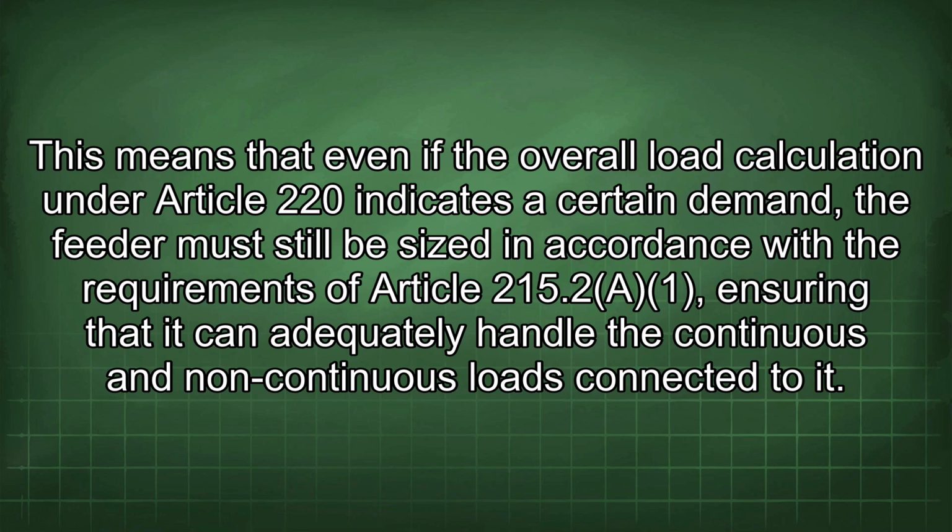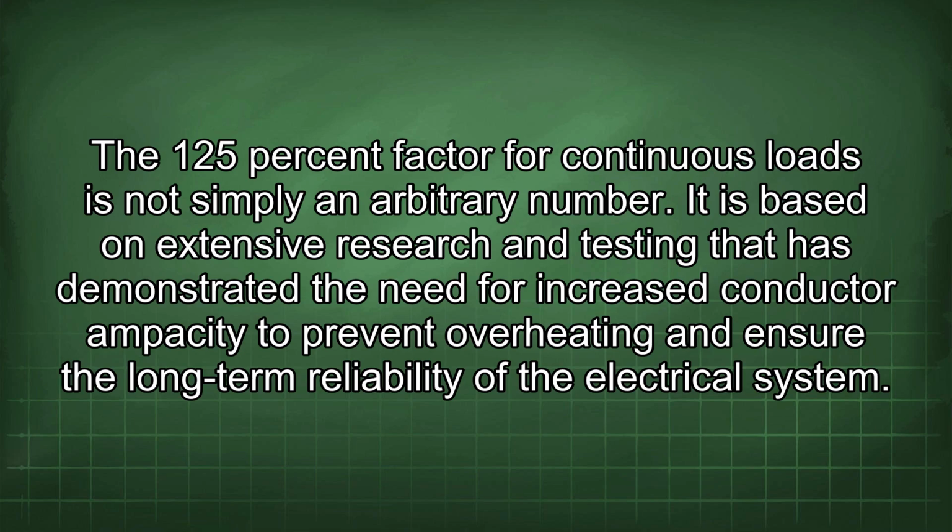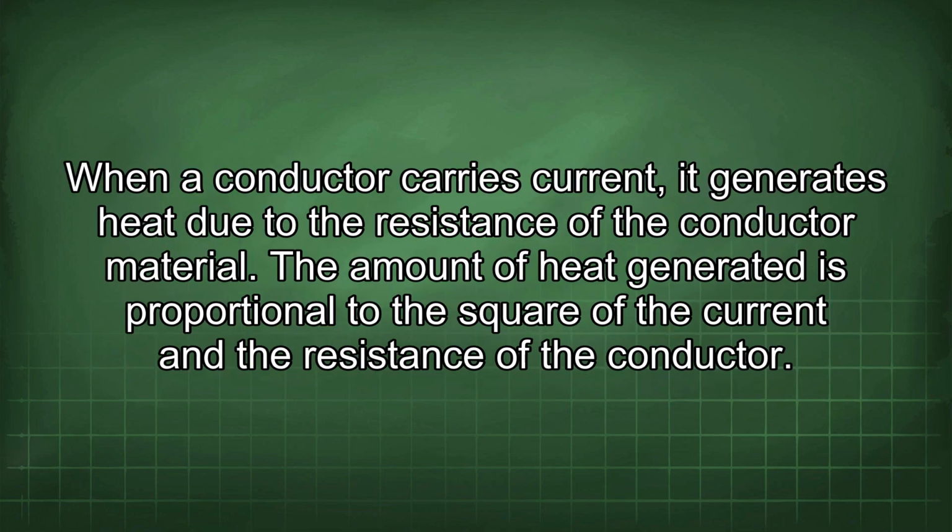loads connected to it. The 125% factor for continuous loads is not simply an arbitrary number. It is based on extensive research and testing that has demonstrated the need for increased conductor ampacity to prevent overheating and ensure the long-term reliability of the electrical system. When a conductor carries current, it generates heat due to the resistance of the conductor material. The amount of heat generated is proportional to the square of the current and the resistance of the conductor.